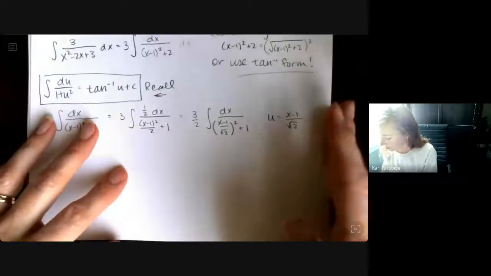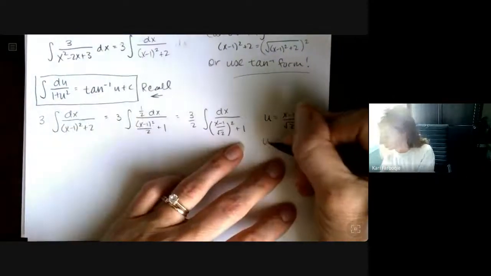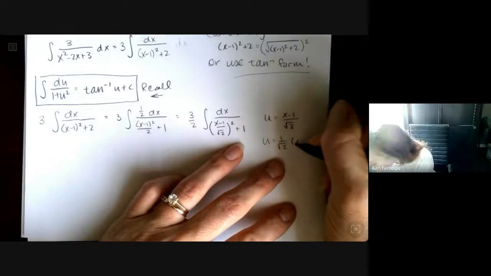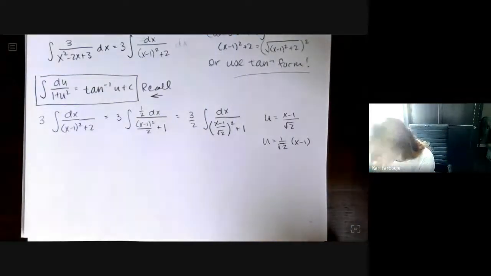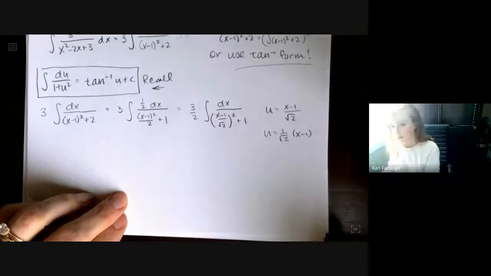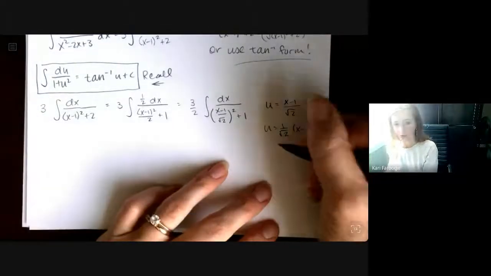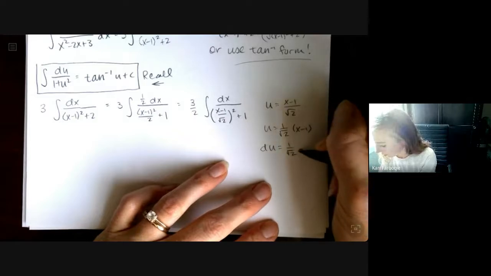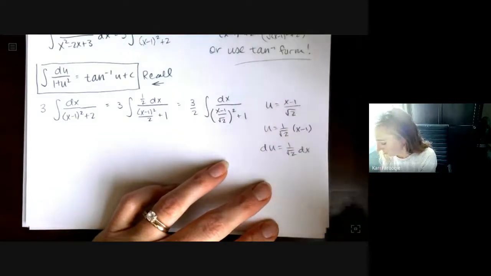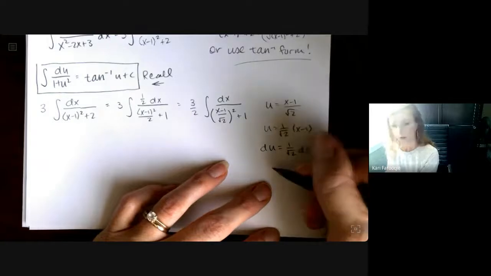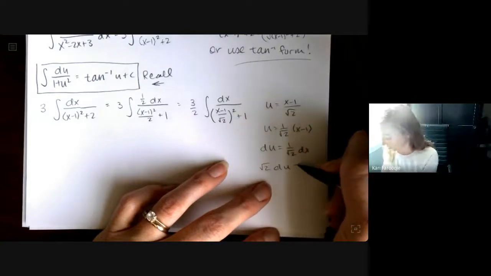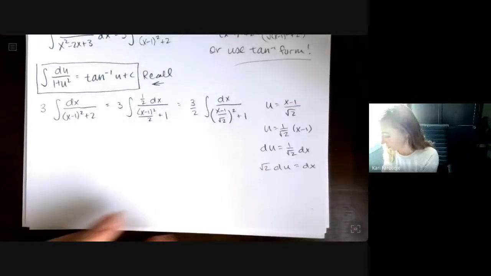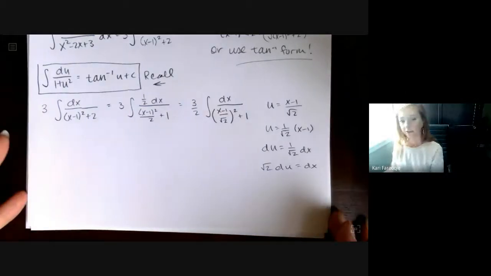If that looks weird to you, you can write it as 1 over the square root of 2 times the quantity x minus 1. And if you want to even distribute that in, you can. Du is going to be 1 over the square root of 2 dx. And then if you're trying to get dx by itself, well, the square root of 2 du equals dx.